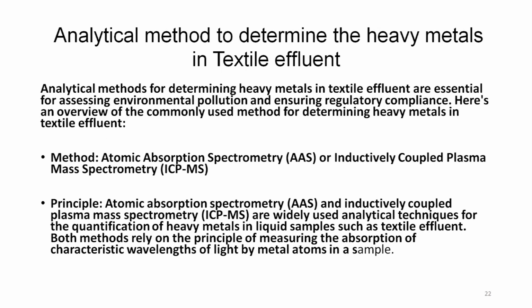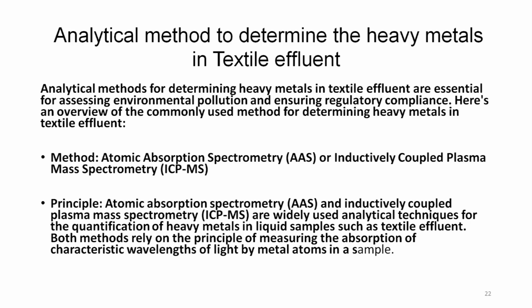Now, let us see how the heavy metals are determined in the textile effluent. Analytical methods for determining heavy metals in textile effluent are essential for assessing environmental pollution and ensuring regulatory compliance. Here is an overview of the commonly used methods for determining heavy metals in textile effluent.